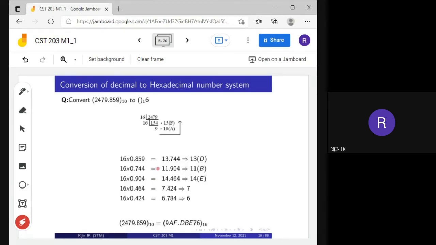Devika KP. For converting a decimal into the hexadecimal number system, what we have to do? Devika. Absent or no?